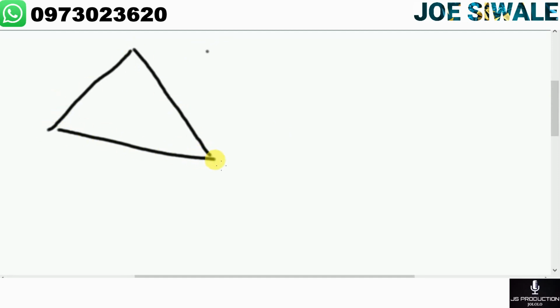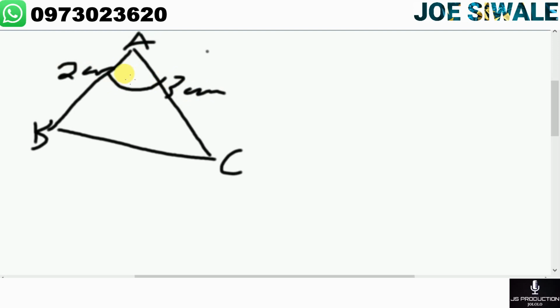So, example here. The triangle that you can use the cosine rule on can be given in this form. Here you have A, B, C, and if you have been told that AB here is 2 centimeters, AC is 3 centimeters, and you have been given the angle here as 5 degrees.